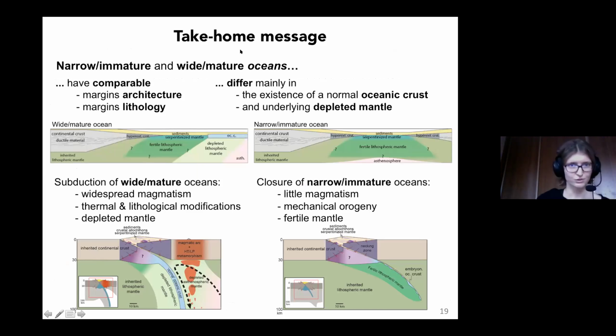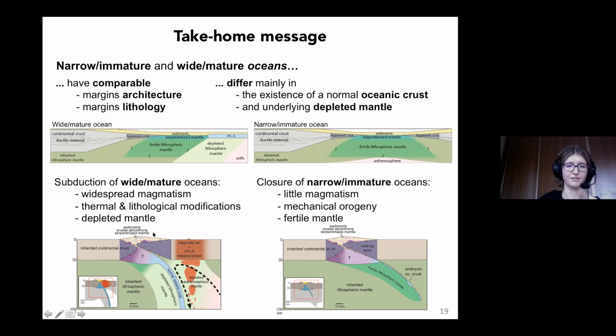So just to sum up, the main conclusion that I want you to take home is that the only difference between narrow immature oceans and wide oceans is the nature of the mantle beneath the seafloor, I would say. In the case of a mature ocean, you have depleted mantle, while you don't have depleted mantle in the case of an immature ocean.